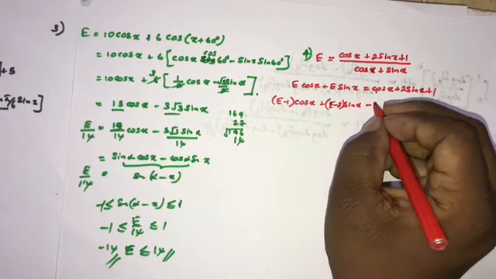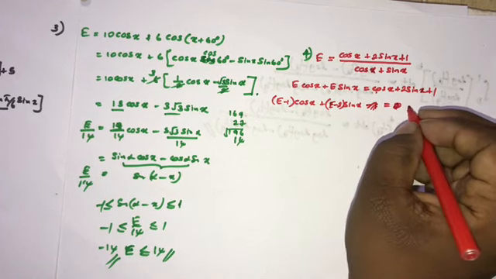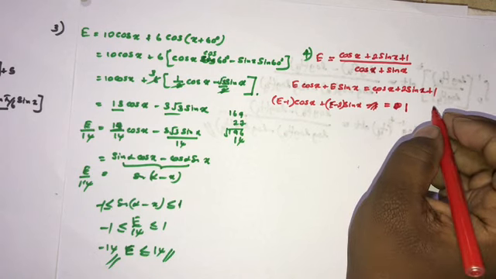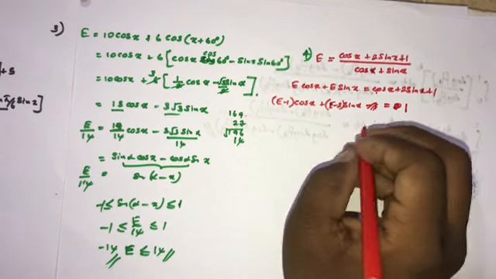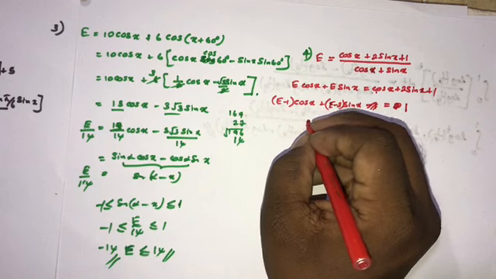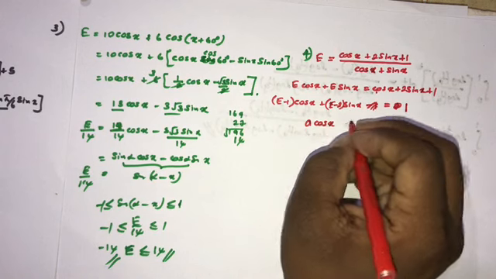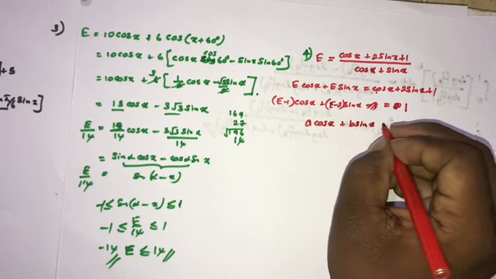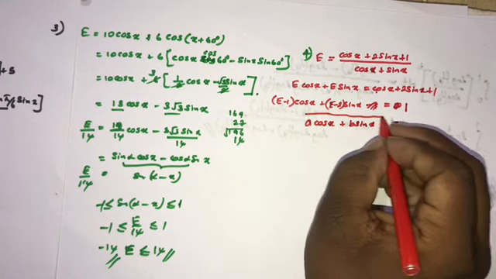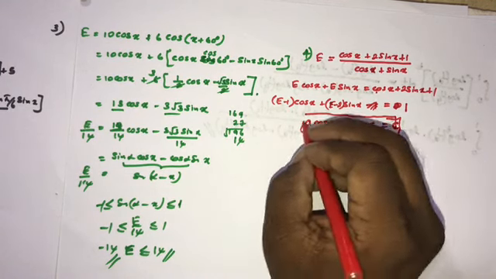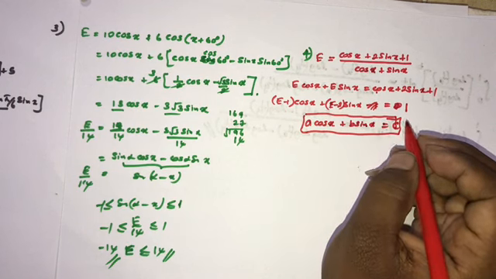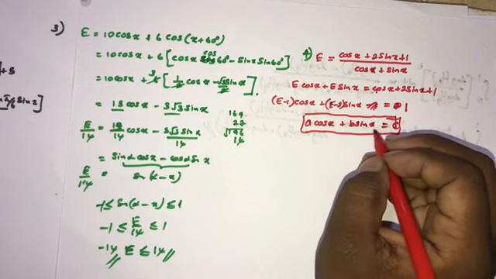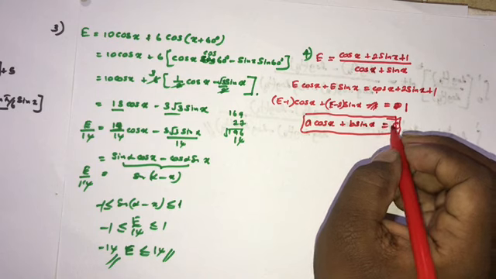Sorry, here this minus 1 I am going to write on the right hand side. Now we have the formula. This is like a cos x plus b sin x is equal to c. This is the format.